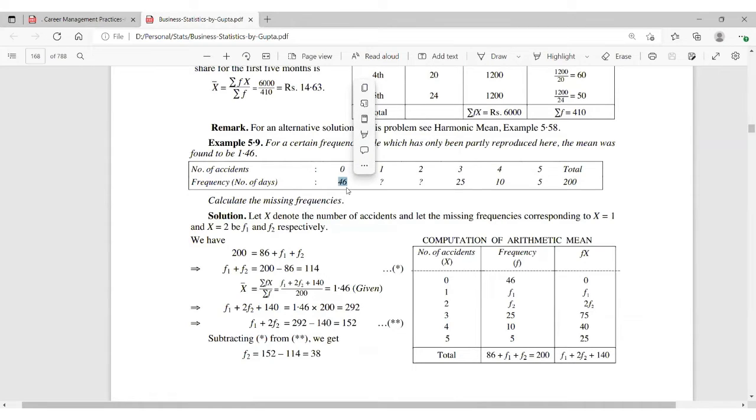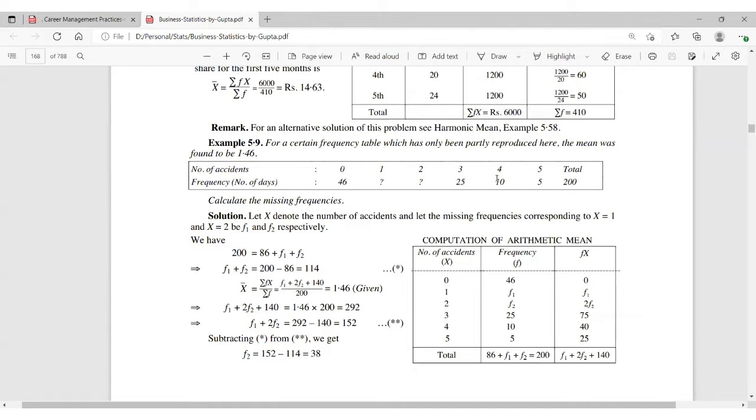That means in 46 days no accident occurred. Similarly, for one accident the number of days is not given, and likewise for two. Number of accidents 3, number of days 25, that means in 25 days accidents occurred three times.